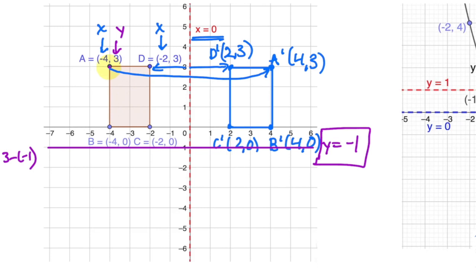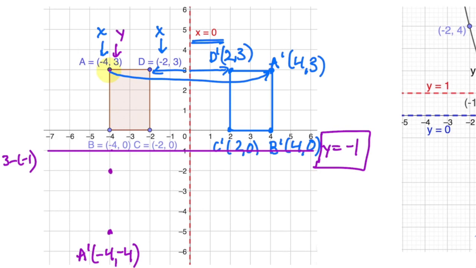And then I'm going to take that many units from that line. So for A prime, I'm going to go down 1, 2, 3, 4 units. And again, in this case, my x value is going to stay the same.